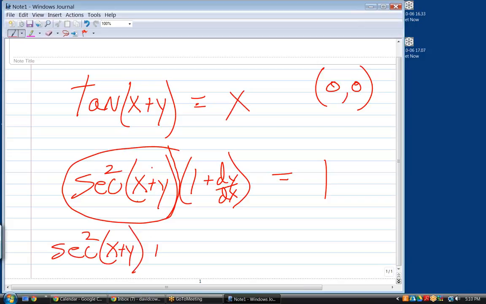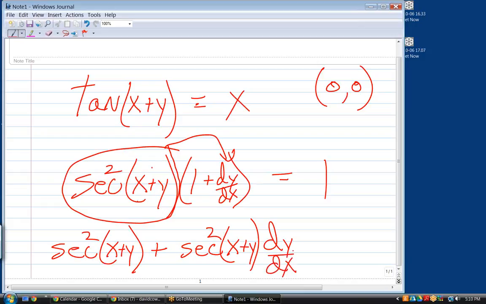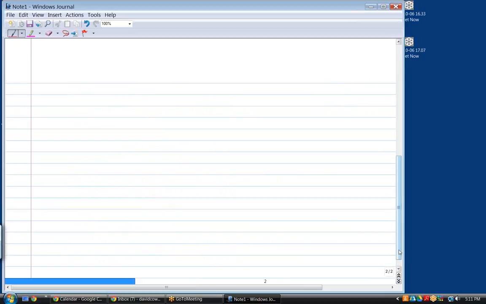And then I'm going to add to it that same quantity multiplied by that. With me? Yeah. That's all I did was distribute. In other words, just algebra. Okay. Let's keep going.